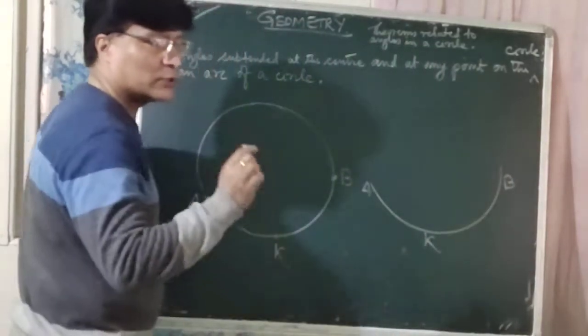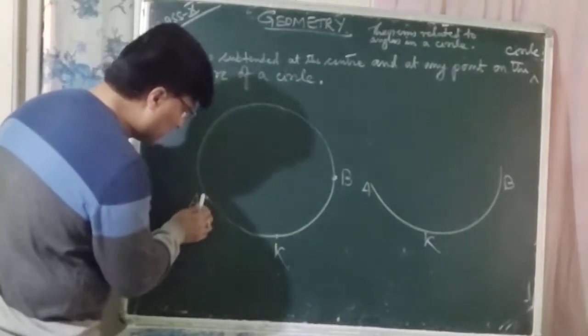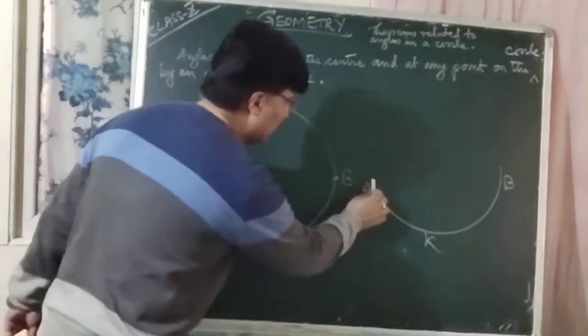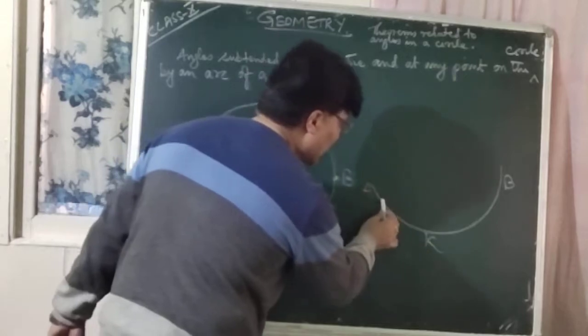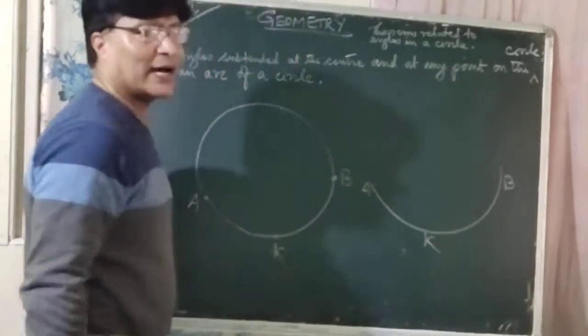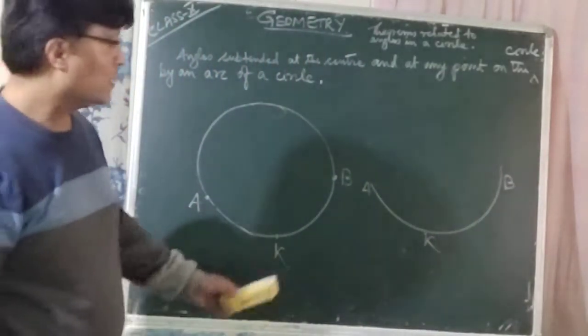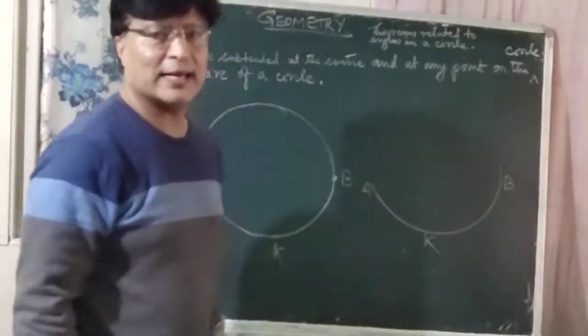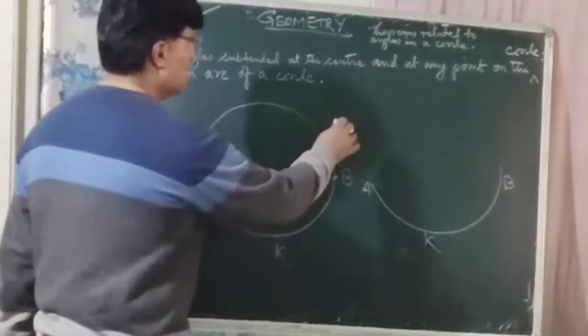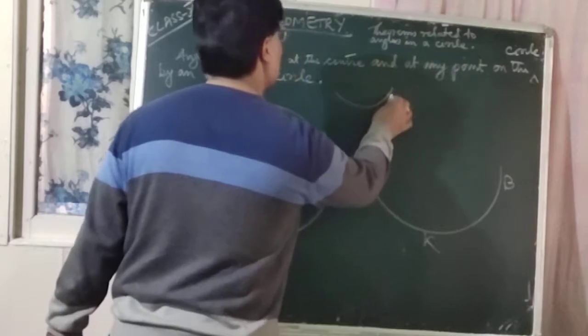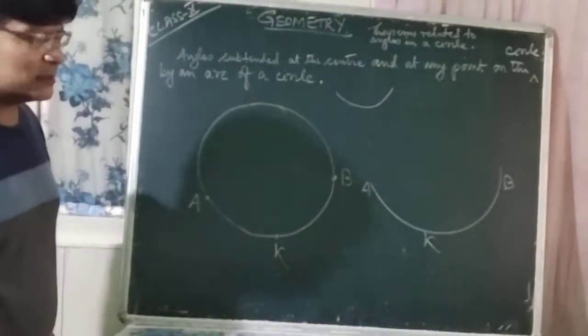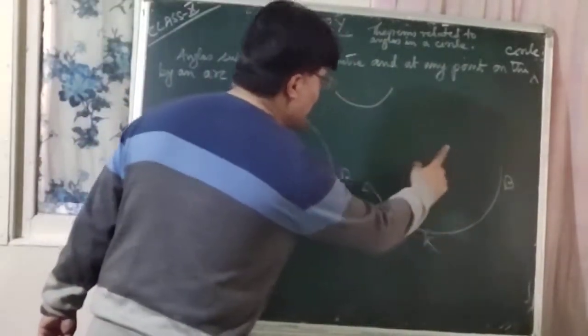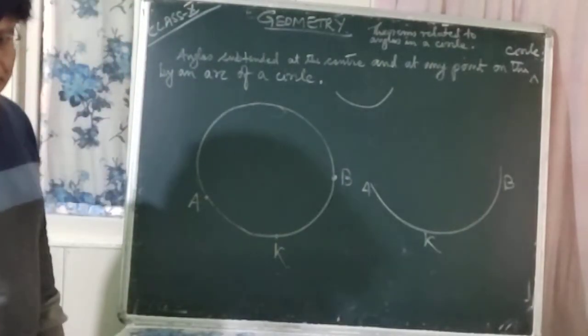Again I am drawing this portion AKB here. So this AKB is known as an arc of this circle. Just say it is an arc of a circle, right? So in this case, AKB is an arc of a circle.